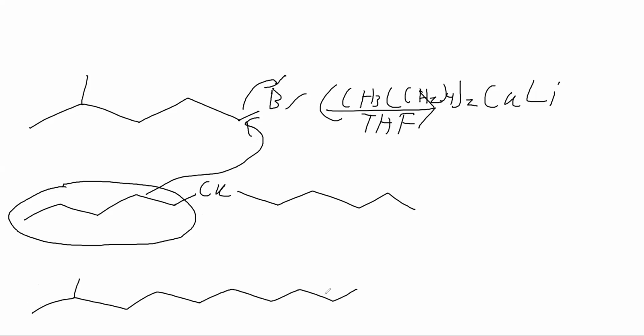I just added 5 carbons. At least I think I did. I'll count my carbons to make sure I did, and that's always a good idea. So we had 1, 2, 3, 4, 5, 6 in the reagent, and we added 5, so we should have 11 in the product. There's 1, 2, 3, 4, 5, 6, 7, 8, 9, 10, 11.